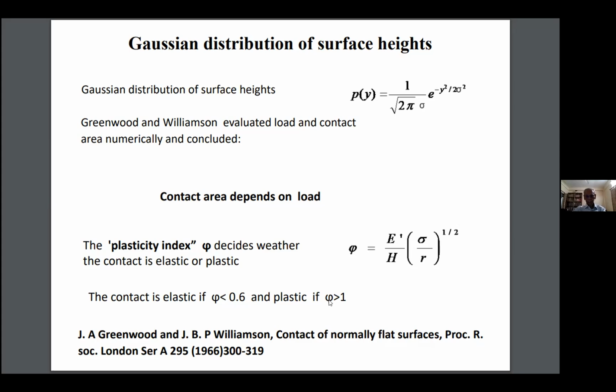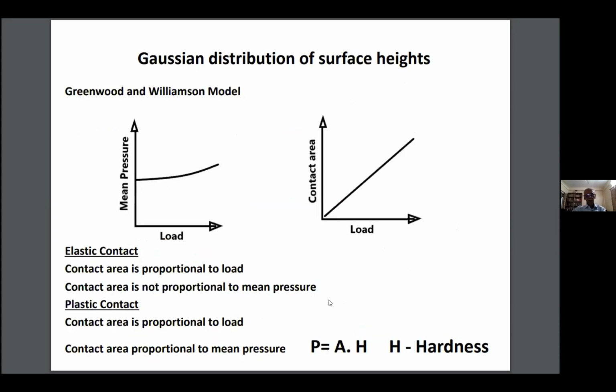Now, further than that, they have also found from their numerical analysis that the mean pressure, meaning the pressure at the different asperities will be different, but we can have a mean pressure.